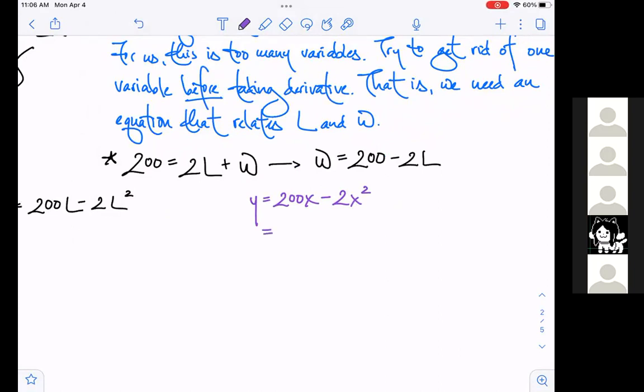Negative 4x. No. Yeah, I agree with what's in the chat, right? Derivative of 200x is 200 minus 4x, right? Sorry, I thought x equals 0 and then I multiplied it, but x actually equals 1.